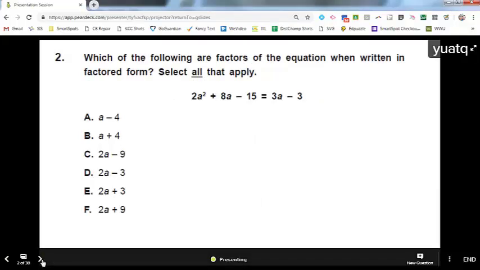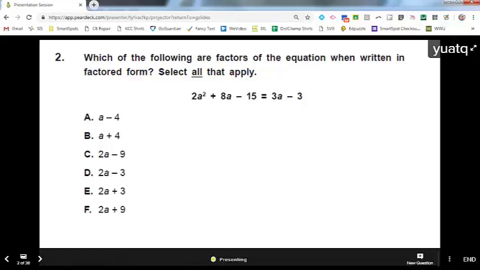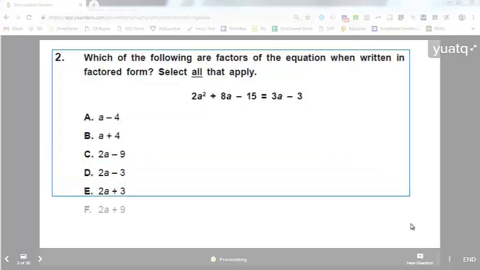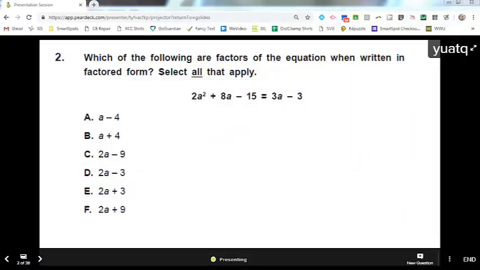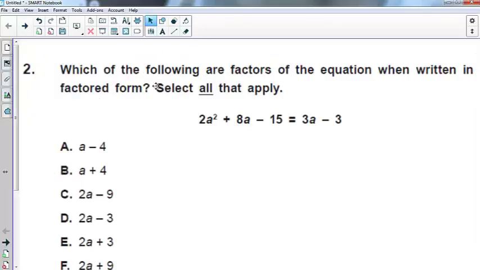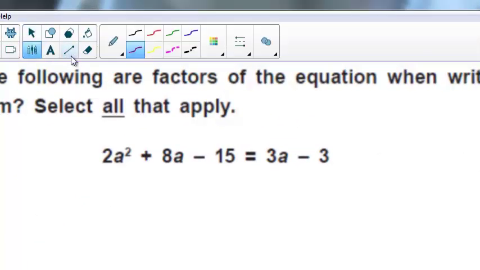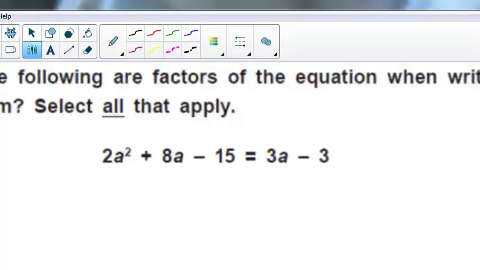On this one, which of the following are factors of the equation when written in factored form? We're going to move this over. For me to do this in factored form, I don't want it to look like it does right now. I want it to be a trinomial, right? So I want to set the whole thing equal to 0.